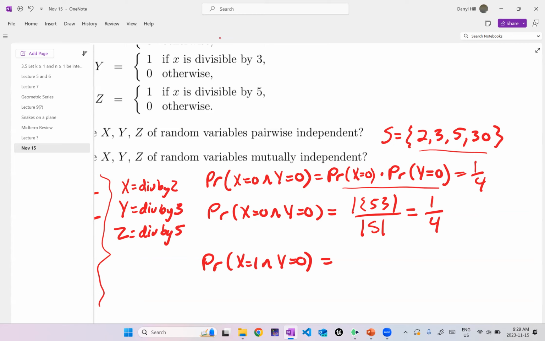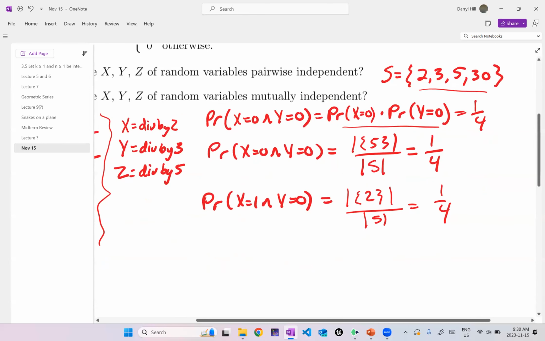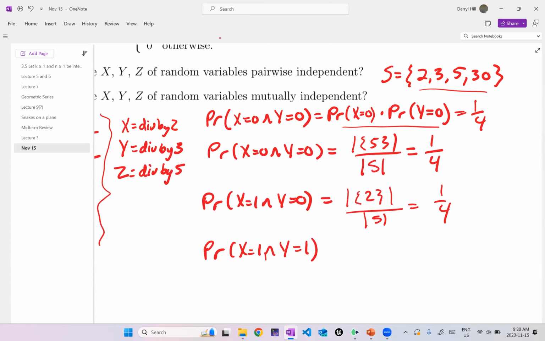All the ones that are not divisible by 3 are 2 and 5, but it also has to be divisible by 2, which means 2 and 30. But it also cannot be divisible by 3, which eliminates 30. So this is 2 over the size of the sample space, which is 1/4. Probability x equals 1 and y equals 1. So it's divisible by 2 and divisible by 3. That is only 30. So that's 1 out of 4.